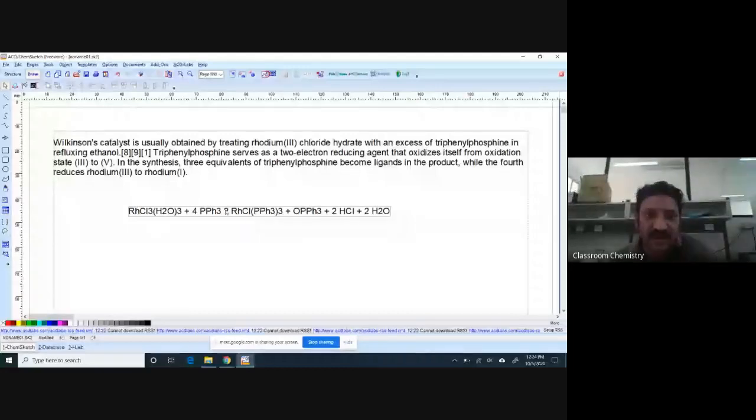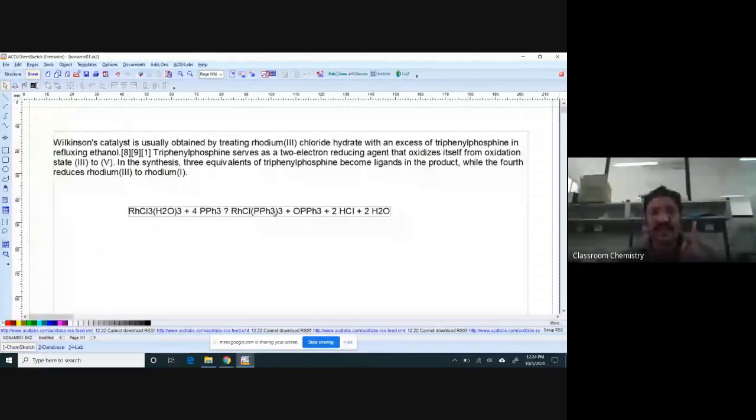Then triphenylphosphine serves as a two-electron reducing agent that oxidizes itself from oxidation state 3 to 5. In the synthesis, 3 equivalents of triphenylphosphine become ligands in the product, while the fourth reduces rhodium(III) to rhodium(I). So how many triphenylphosphines are here? 4 molecules are here, but in the compound only 3 triphenylphosphine molecules are there.